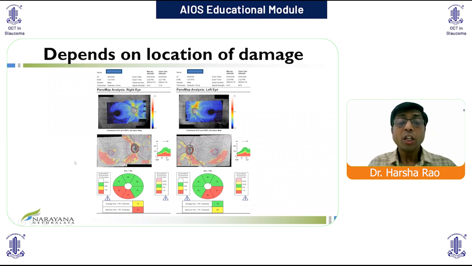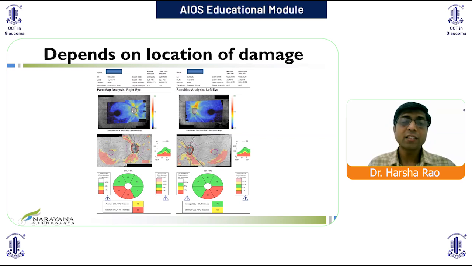So the point to be noted here is that if the structural damage is closer to the fixation, closer to the macula, then the macular parameters pick these defects up very nicely.